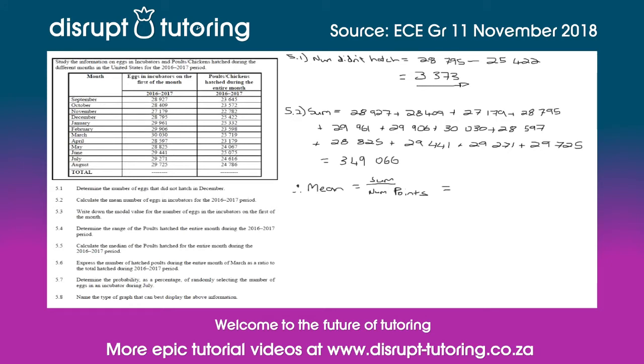So in this case, it's 349,066 that we just calculated, divided by, remember we counted out the 12 months in the year, and put this into your calculator, and we get that the final answer, the average, is 29,088.83. And that's our mean.